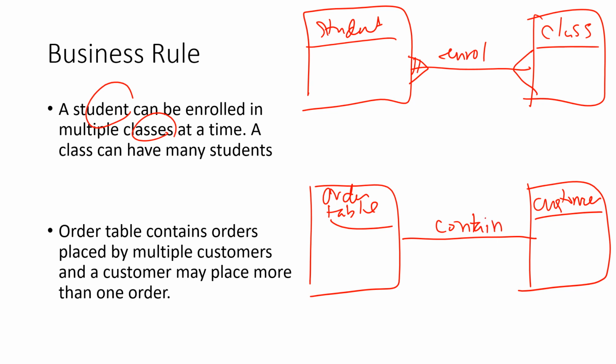Order table contains orders placed by multiple customers, and a customer may place more than one order. So this explains to us a many to many relationship.